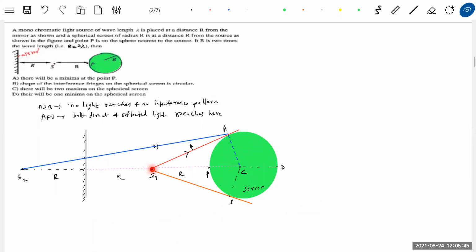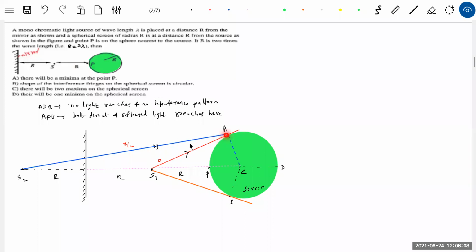What actually happens is that the ray emitted by the source will fall on the mirror. After reflection it will come, and due to reflection it should undergo a phase change, so write pi here. This will have 0 phase. By the time it reaches here, it has gained some path, and this one has also gained some path.